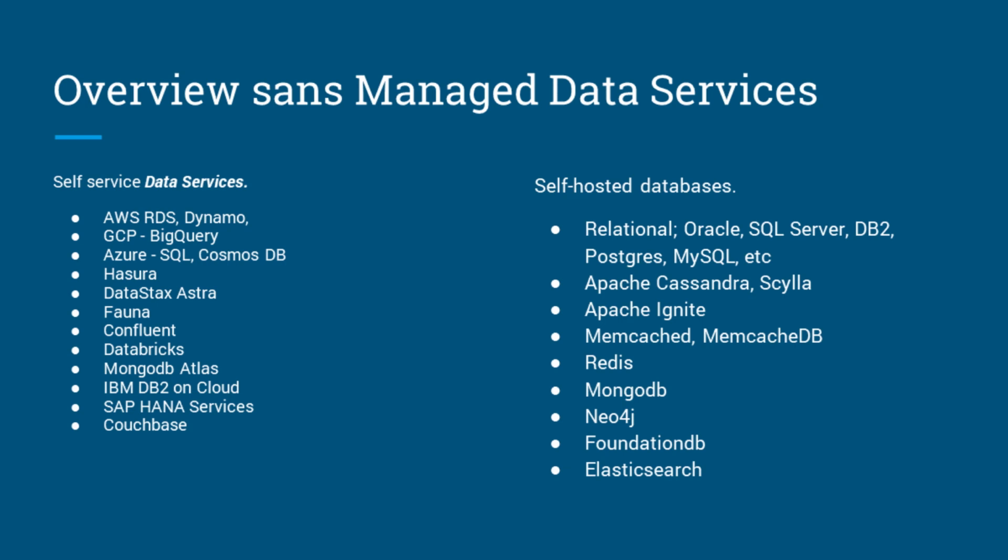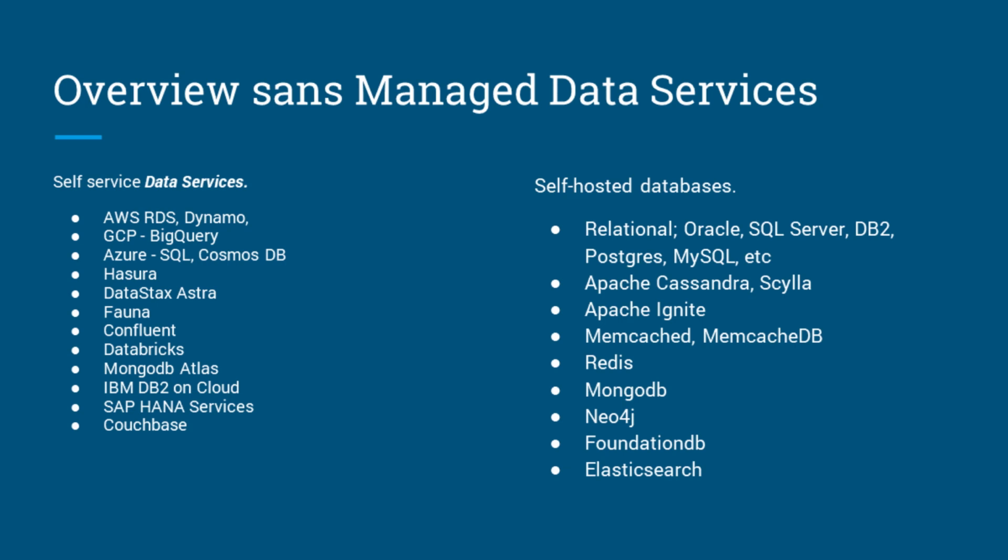Now, I've split out two lists with self-service and self-hosted data services and databases to kind of give an idea of what's out there in the market right now. I left out the managed paradigm just because that sits somewhere in between these options.